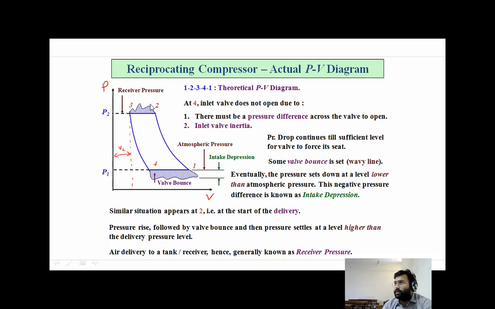Theoretically the discharge is at constant pressure, a horizontal line, but in actual, due to bounce of the discharge valve, the pressure shows wave behavior. So this is the difference between the theoretical and actual indicator diagram. So draw this diagram.